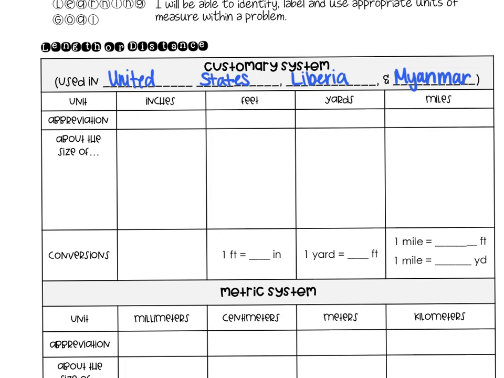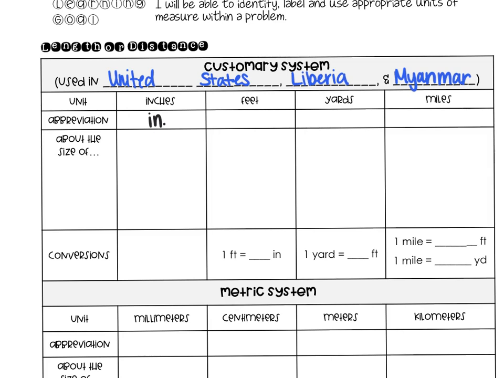We'll look at this today, and this is something you should probably be using frequently throughout life, so hopefully this will be helpful and applicable for you. First we're going to look at inches, so again, measuring the length or distance of something. Inches, the abbreviation is IN.